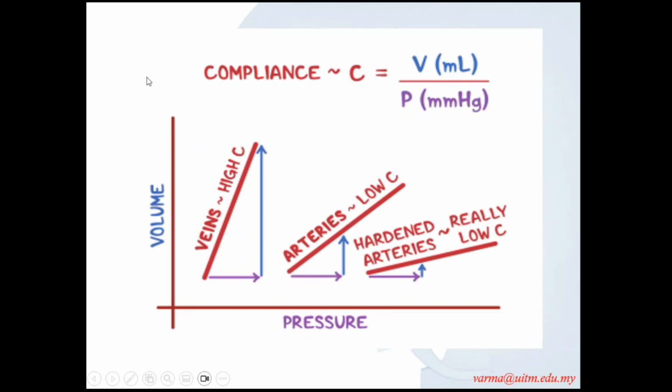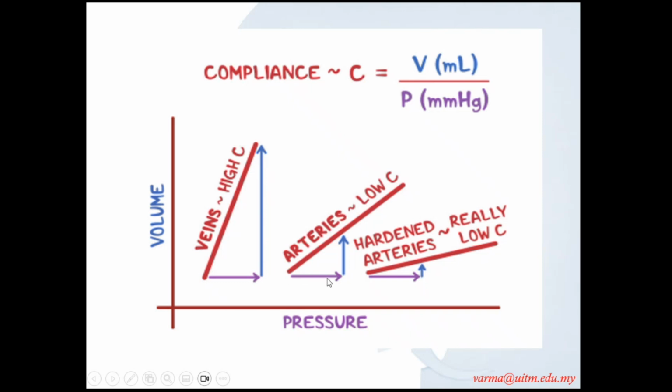So if you plot a graph of volume versus pressure, this is the compliance graph. For compliance, volume is always on the y-axis, pressure is on the x-axis. So you can see veins are high compliance vessels. Even a small change in pressure will cause very large changes in volume. Arteries, whereas, are a low compliance system.